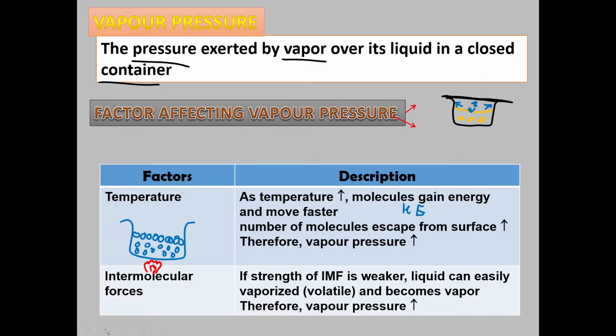So as we heat up the molecules, those molecules have more and more kinetic energy untuk pass the barrier ataupun pass the attractive force of the intermolecular forces untuk dia menjadi vapor. Okay, dalam this is a closed container untuk dia jadi vapor.